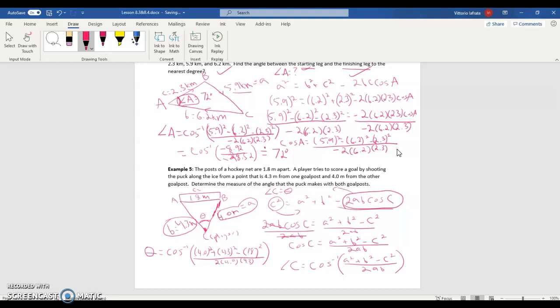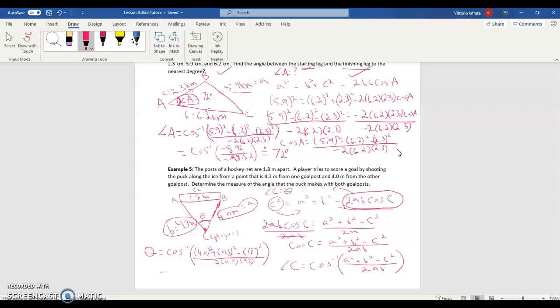And so let's figure out what those numbers are. So we have 16 plus 4.3 squared minus, open brackets, 1.8 squared, close brackets.